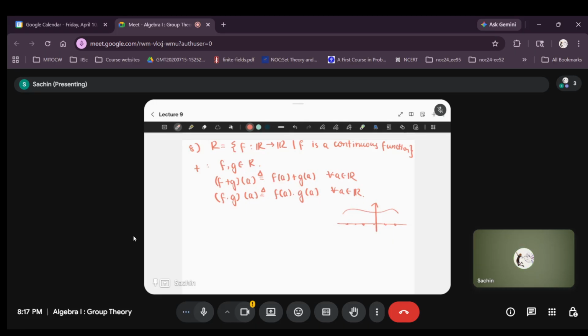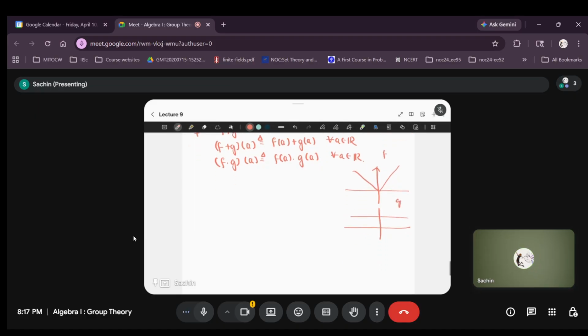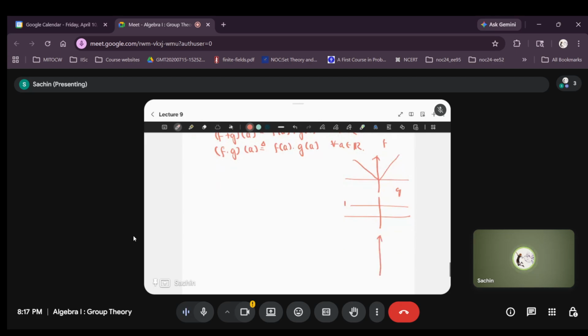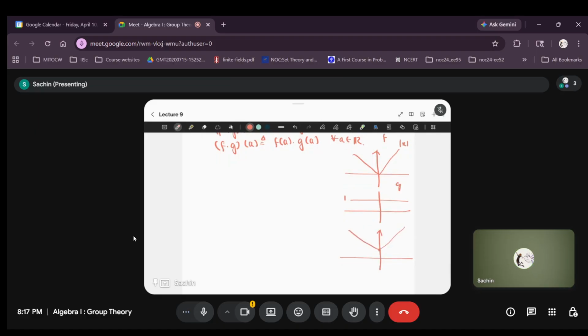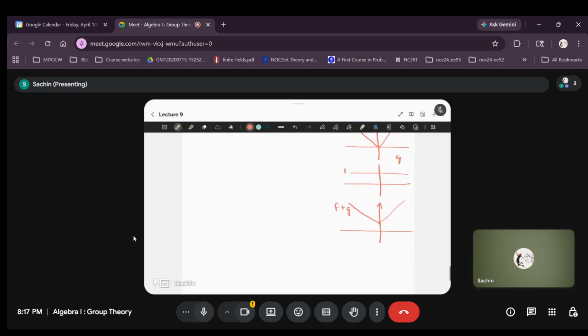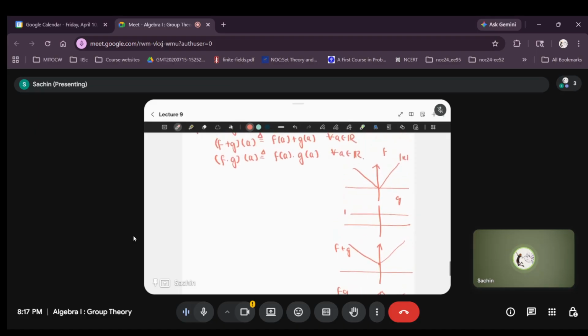So if you had one f like this and g was like this, suppose this was 1 and this was the absolute value function, mod x. And f plus g would be like this. And fg would simply be f itself here because g is the constant function 1.